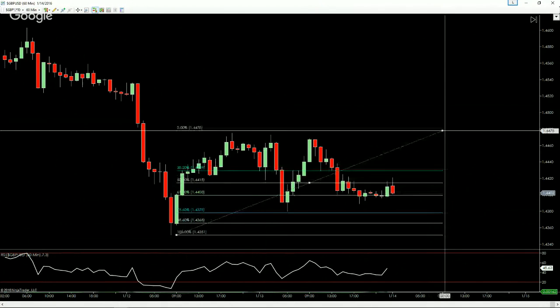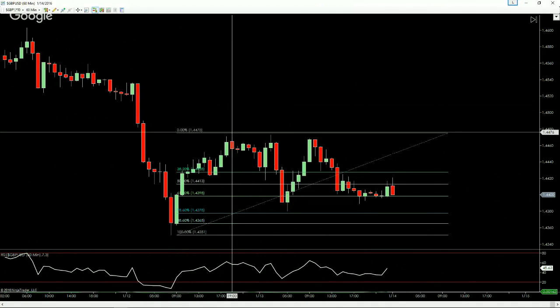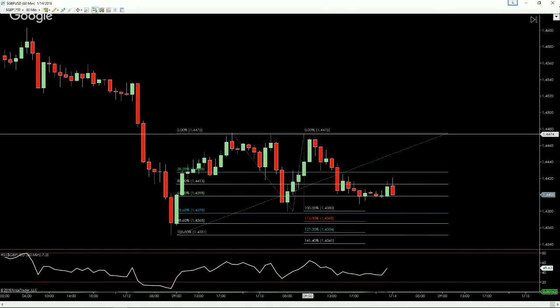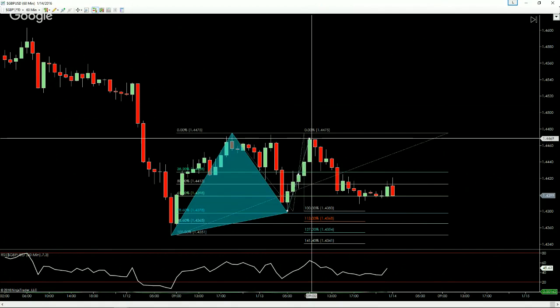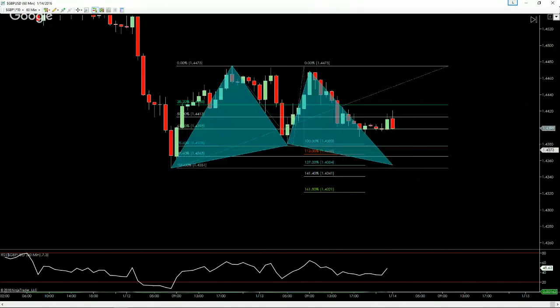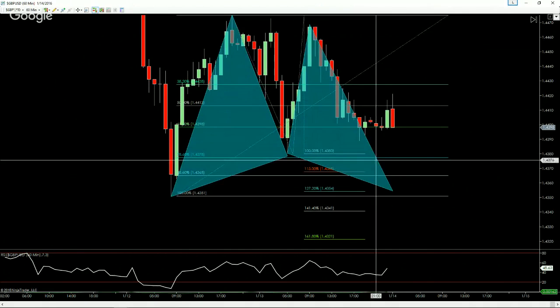You might have a deep Gartley pattern. And that's a really deep Gartley pattern, and it's still valid.